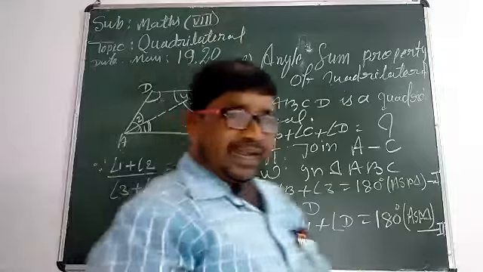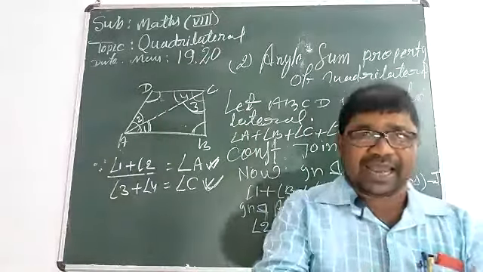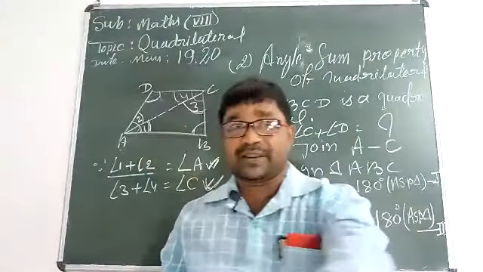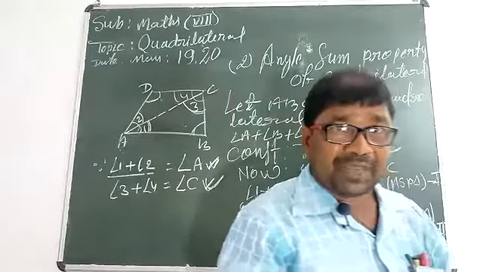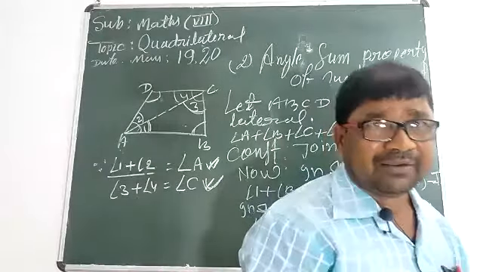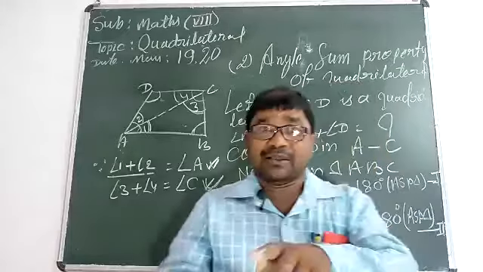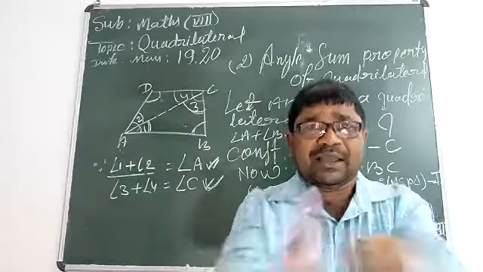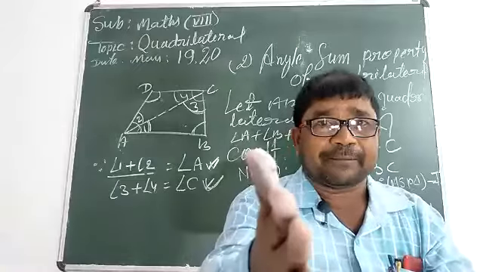Understood equation 1 and equation 2. Equation 1 is taken out from the first triangle. Equation 2 is taken out from the second triangle. These two triangles are developed by you from the same quadrilateral after drawing a diagonal.